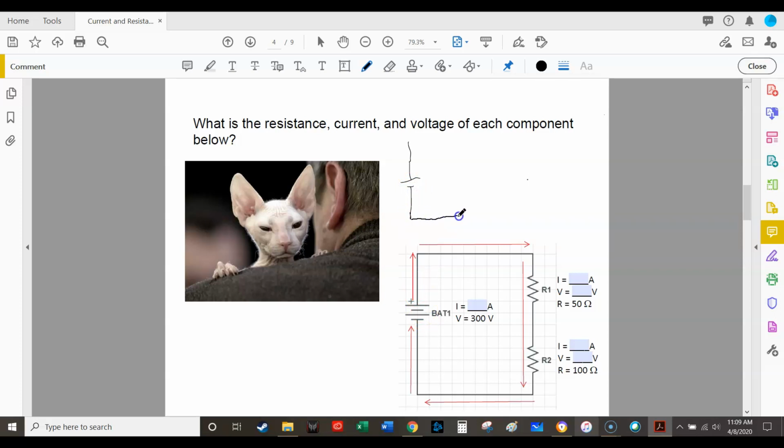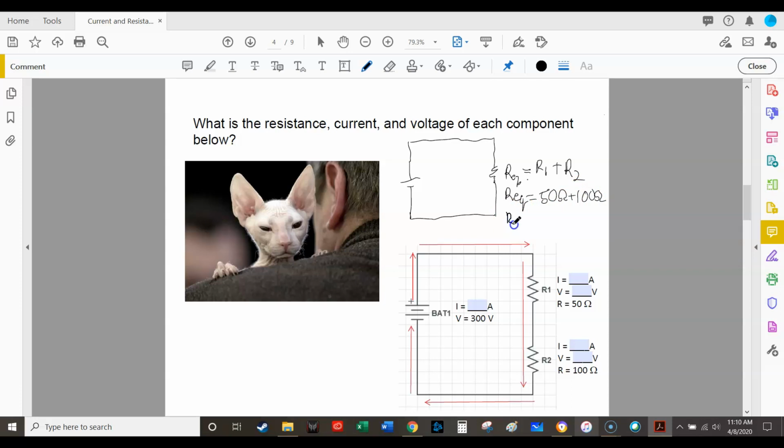This is battery 1. And what I'm going to do with Kirchhoff's junction rule, and the sub-rule is this: if I have two resistors, I could put them together as if they were one resistor. Well, this one resistor is the equivalent resistance, and that's equal to R1 plus R2, which is then equal to R1 is 50 ohms, and R2 is 100 ohms.